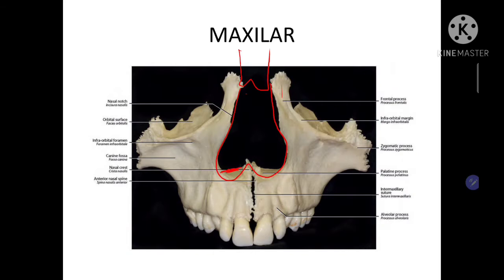This is the palatine process of the maxillary bone. It's going to be the anterior two thirds of the inferior wall of the nasal cavity. So we can say the maxillary bone is part of the lateral wall and the inferior wall. Okay.